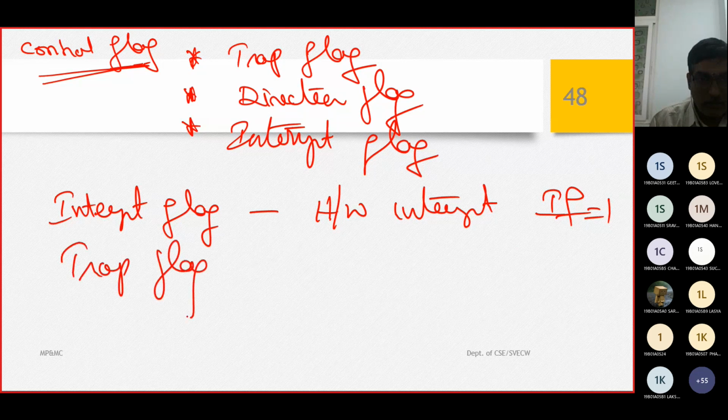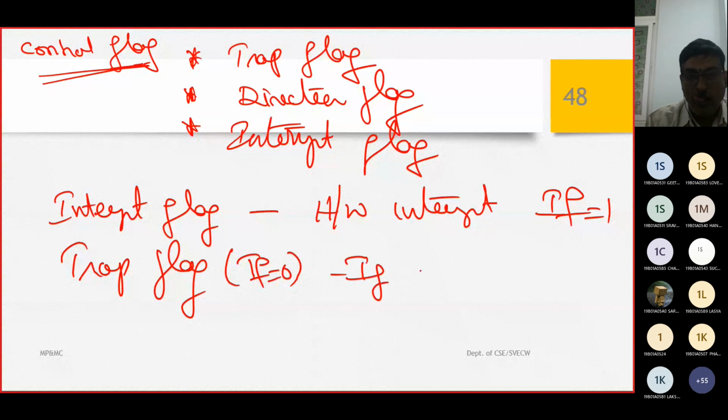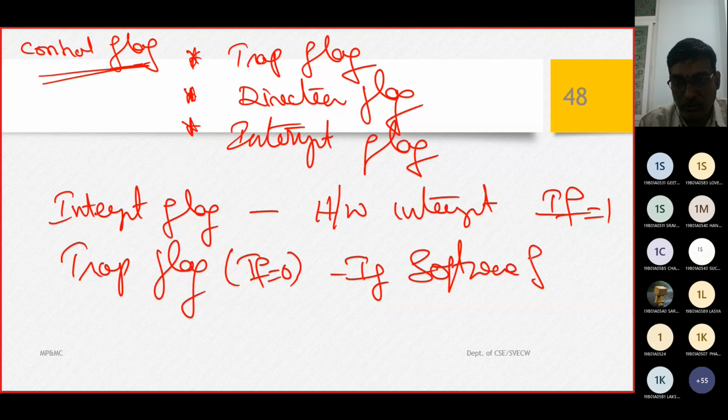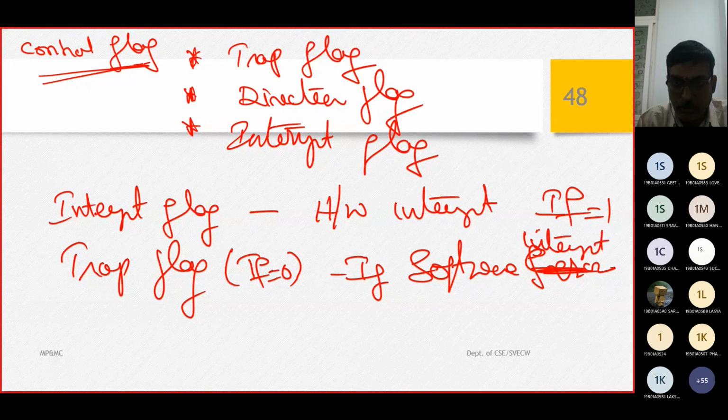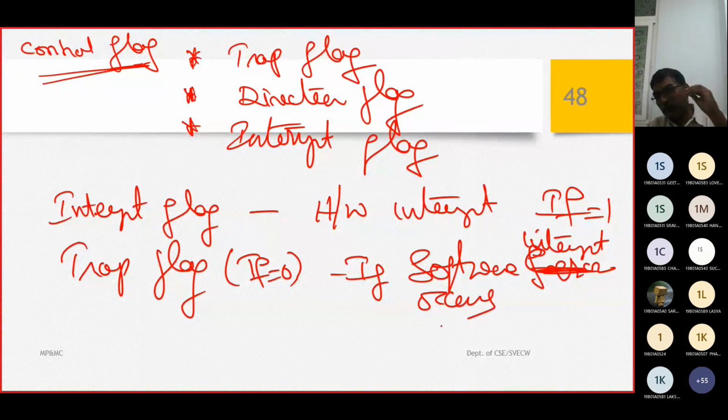Trap flag, we are going to call TF is equal to 0 if a software error occurs. This is hardware interrupt, another was software interrupt. If a software interrupt is going to occur, then we are going to say the trap flag was moved off.